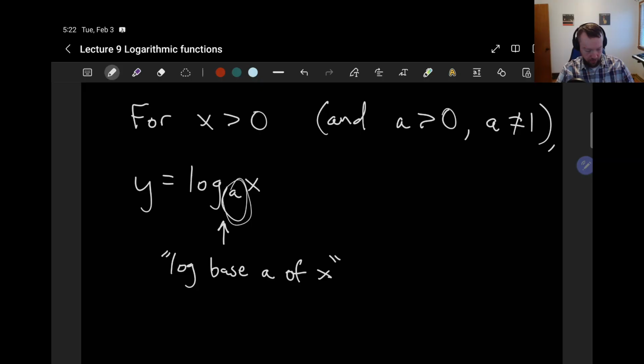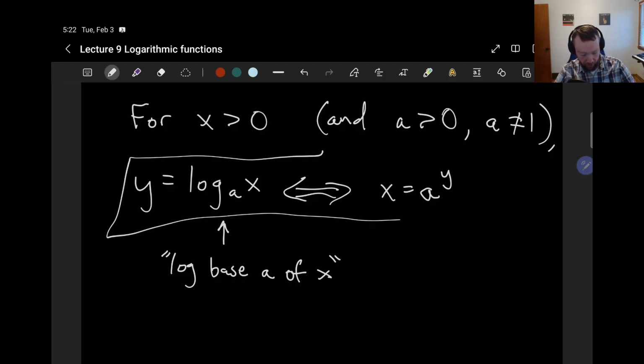Logarithms have this little subscript number, which is the base. And this base is the same base that you would see in an exponential. These are intimately related.